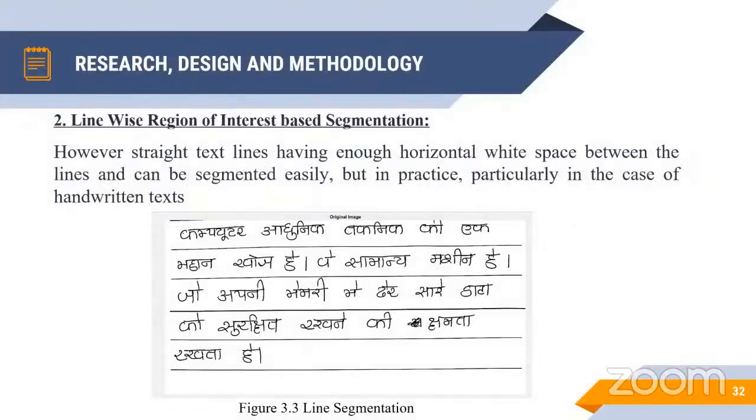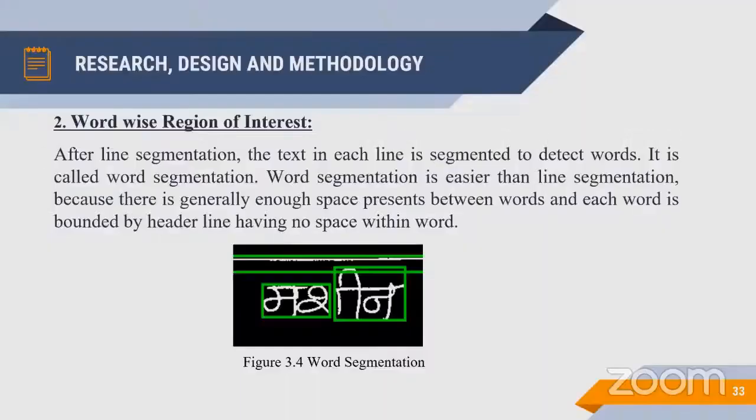Line-wise means the straight text lines having enough horizontal white space between the lines are segmented very easily. The next one is word-wise region of interest. Word means, for example, machine is one word. So the segmentation is identified using the word machine.